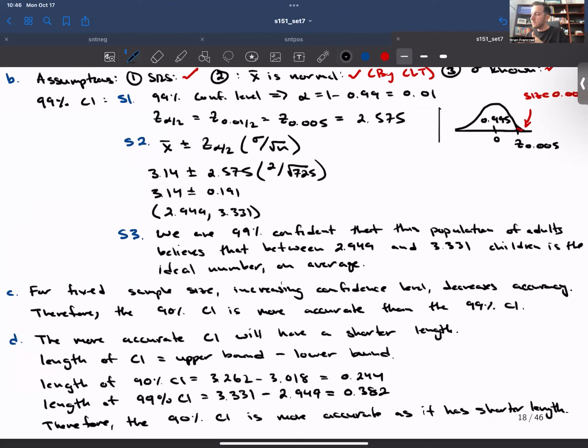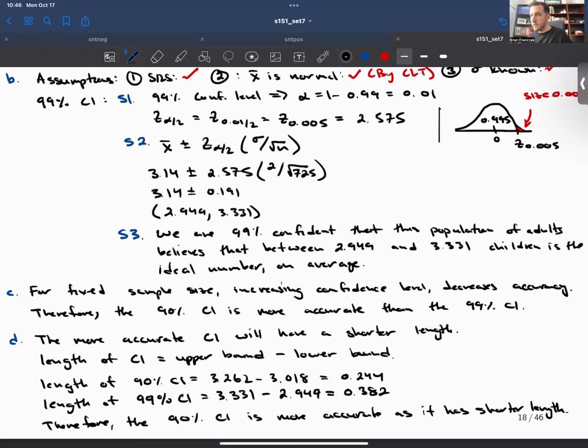So for the same sample size, we know that increasing confidence level decreases accuracy, which makes sense because if you look at the structure of the confidence interval, we have X bar plus or minus Z alpha over 2. The Z alpha over 2 value has gone up as the confidence level has gone up. So you're multiplying by a bigger number. That makes the interval wider or gives it a greater length.